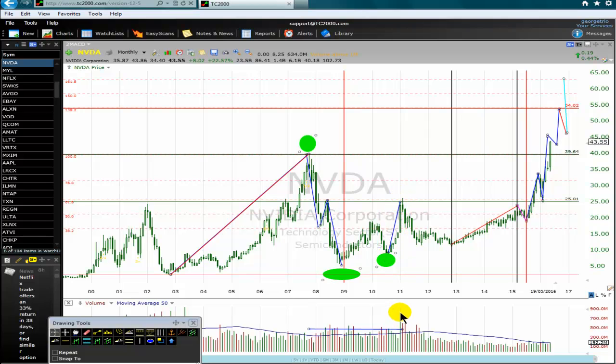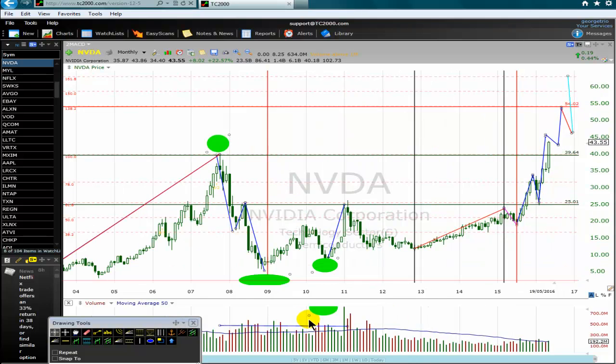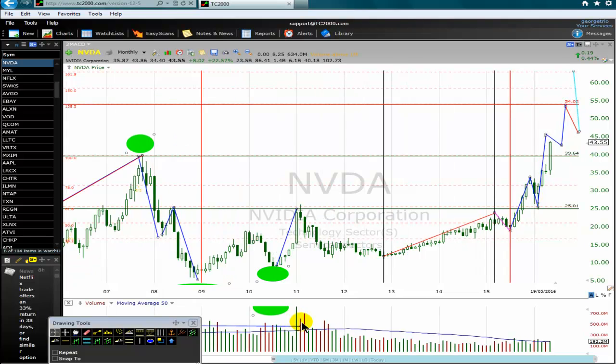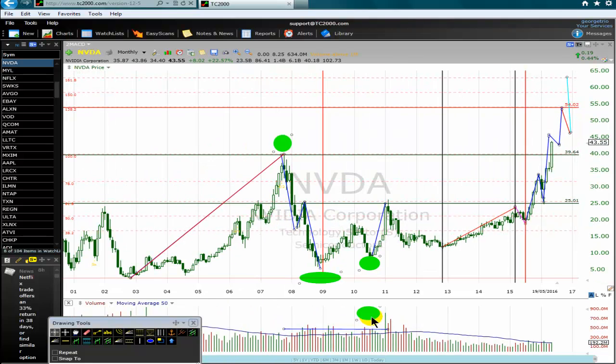You see the surge in trading volume here. The smart money loaded this NVIDIA at this point in time. In 2011, that's the time when the smart money bought this stock and held on to it.